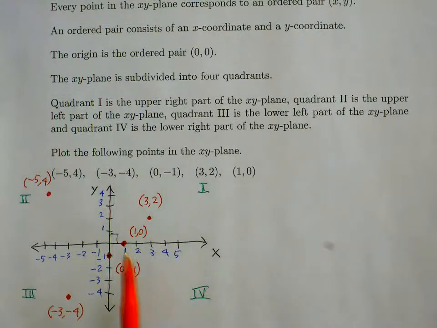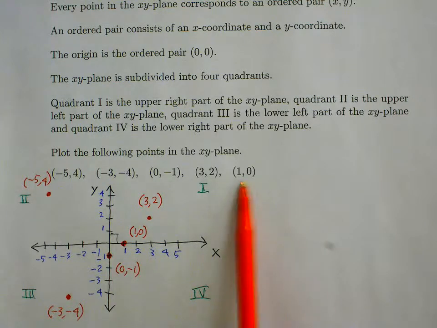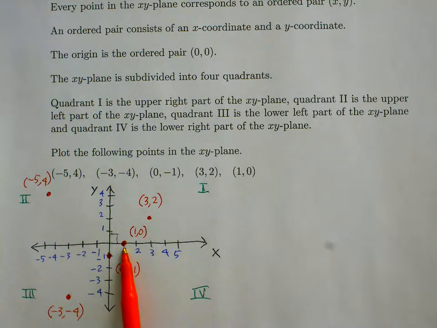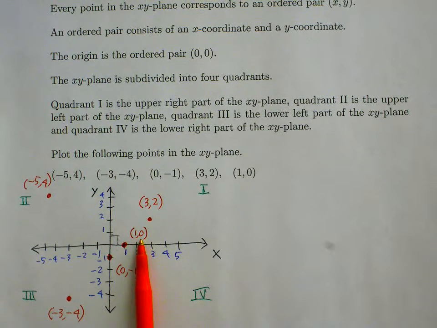So from this example, the ordered pair 1, 0, which is on the x-axis, what can you say in general, do you think? Another little small detail, but a very important detail. Every point on the x-axis has a y-coordinate that's equal to 0. So remember that.